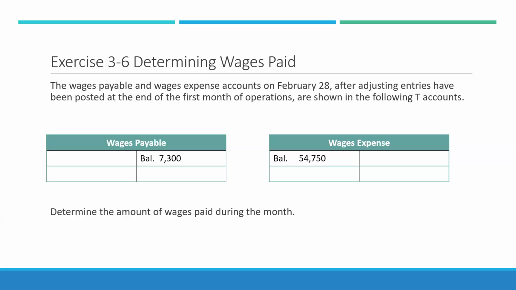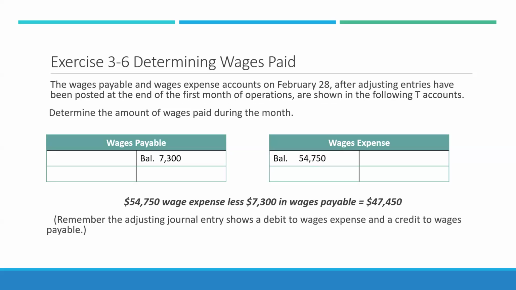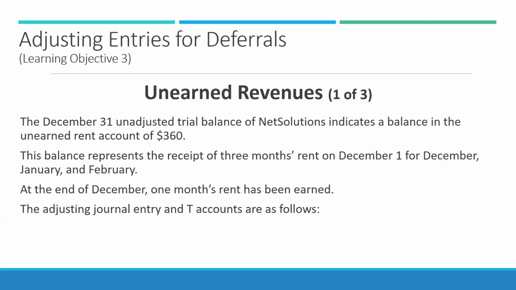In this case, those wages payable of $7,300 is included in that expense. So we need to subtract that out to show what we've actually paid in cash. Yes? No? Do I need to say it a little different? Okay. Moving on.